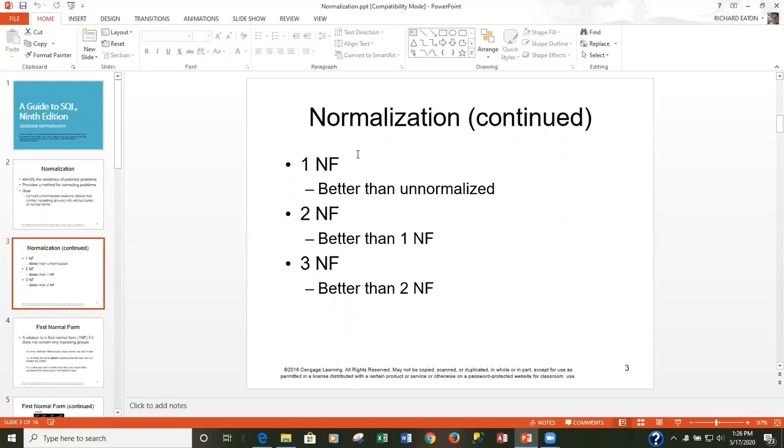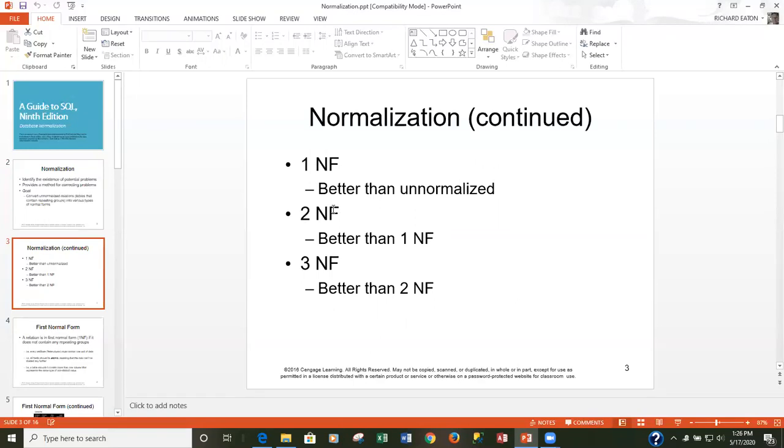When we look at the rules, we start with the very first rule, what's called first normal form. That's what 1NF stands for, first normal form. We don't move on to the second normal form until we've resolved the first normal form issues.